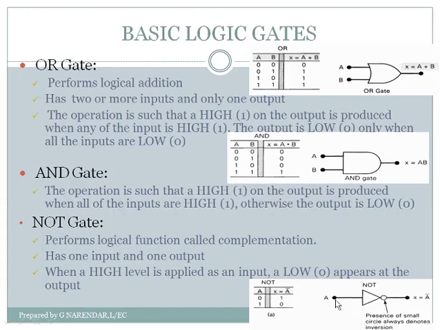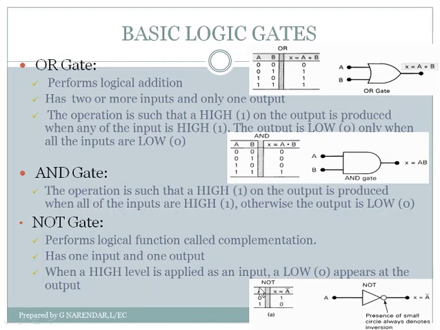This can also be shown by using a truth table. The truth table again has the input variables on the left side, but here there is only one input variable, so it shows A as the input variable, and on the right hand side the output variable is shown, X, which is equal to the complement of A. On the left side for the input variable it gives all combinations that the input variable can assume.